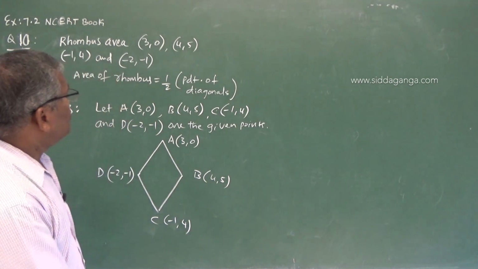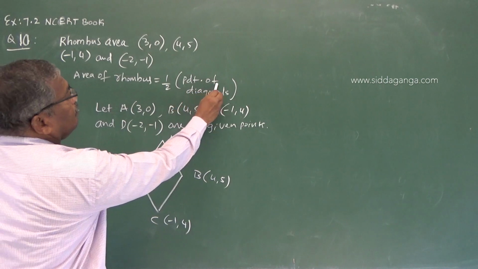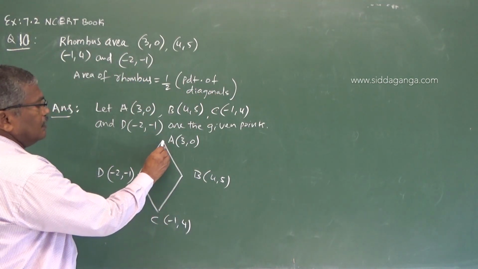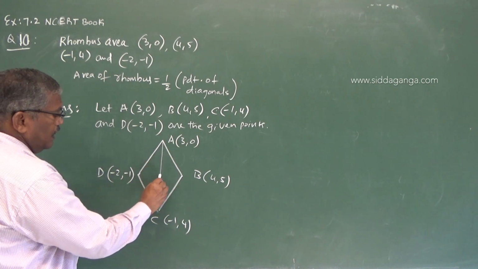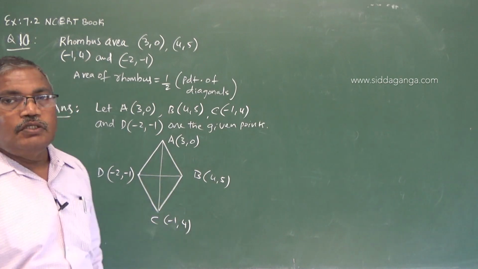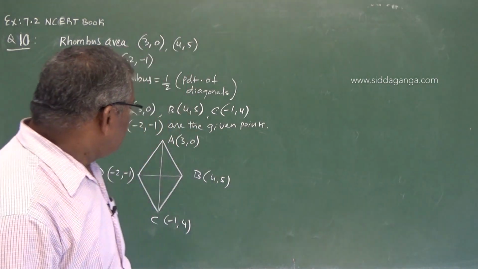So now it is given product of diagonals. So what we have to do is find the lengths of diagonals AC and BD. So using the distance formula, we have to find the distances.